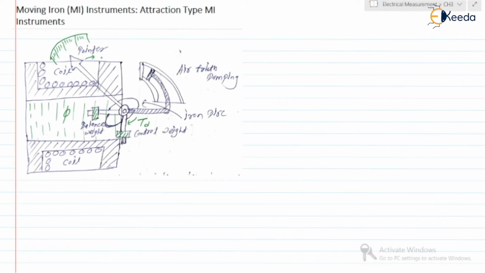Now we are using gravity control, which produces the opposite controlling torque. In order to reduce the oscillations, we are using air friction damping.